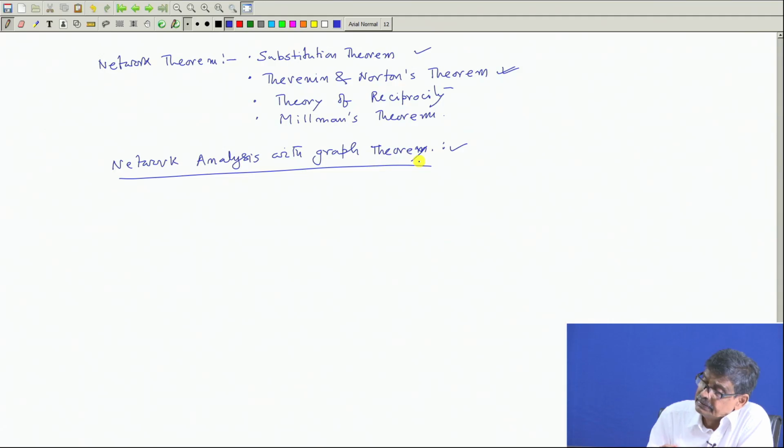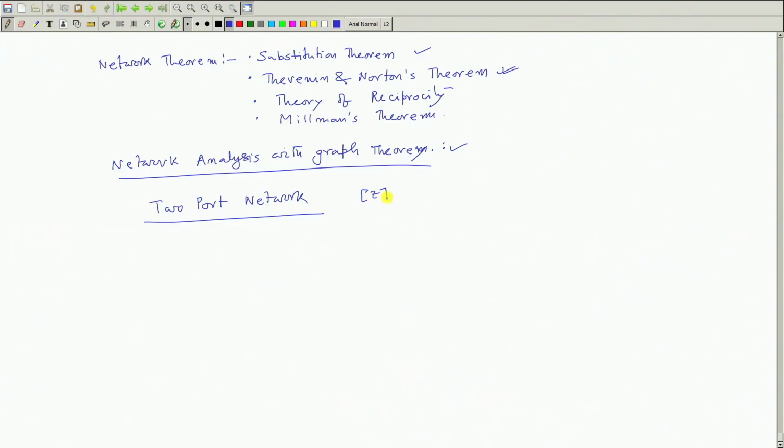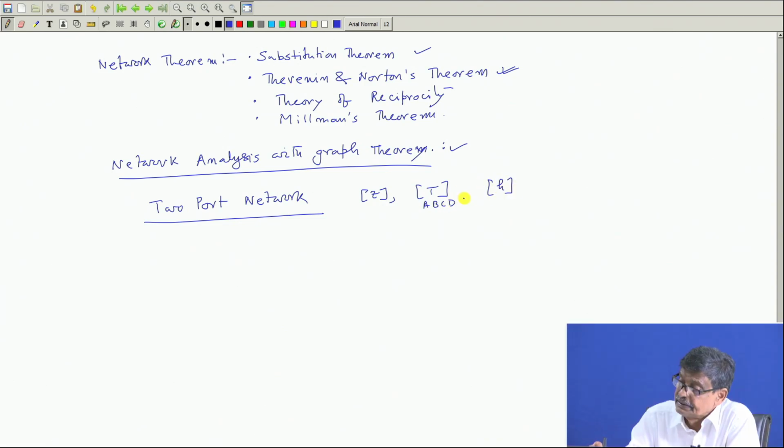Then after that we have done two-port networks. And here also I have taken several lectures on several representations of a two-port network: what a two-port network is, impedance representation, Z matrix, then T matrix, which is nothing but the ABCD matrix, then H matrix representation.